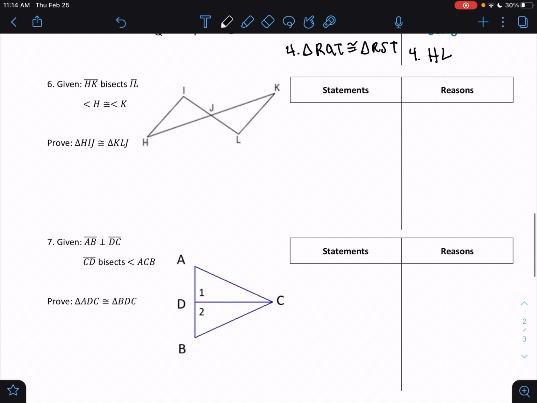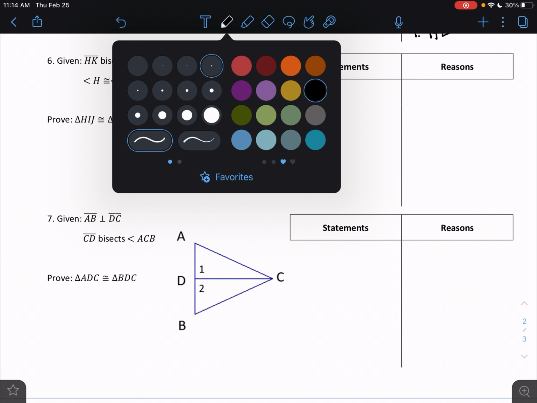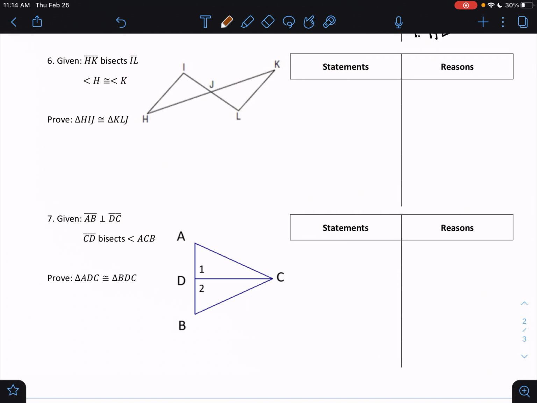Okay, let's go on to number 6. So once again, let's start with our given. And yes, you actually have to write out everything. I know it can be tedious just rewriting it, but it is part of our proofs.